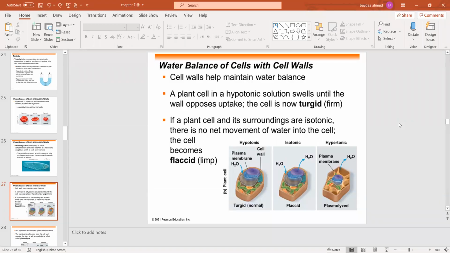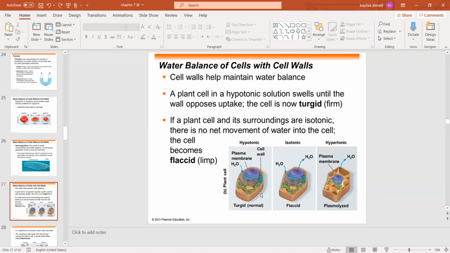The cells of plants, prokaryotes, fungi, and some protists are surrounded by a cell wall. When such a cell is immersed in a hypotonic solution, in rainwater for example, the cell wall helps maintain the cell's water balance. Here, the plant cell swells as water enters by osmosis.